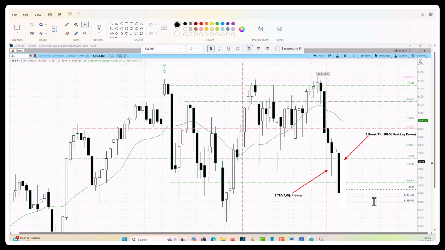Okay, so now the question for us is why it worked in the short setup but not in the long setup. Very simple. You see on Wednesday, it raided the high of the Tuesday. Give you the clue right there. See that?